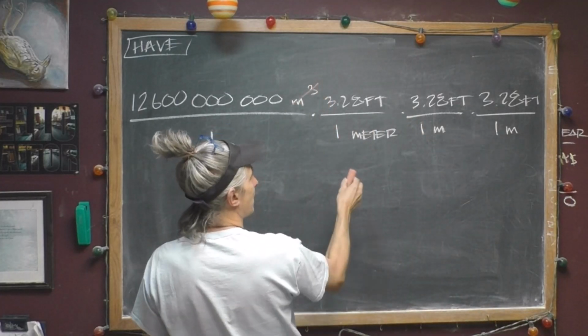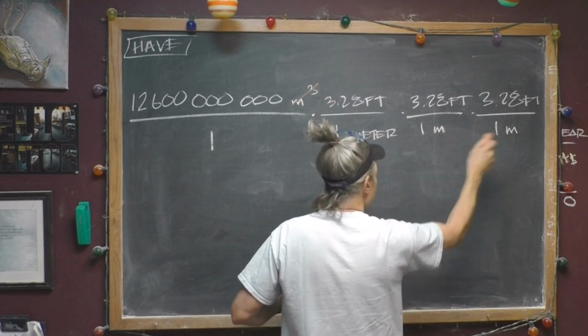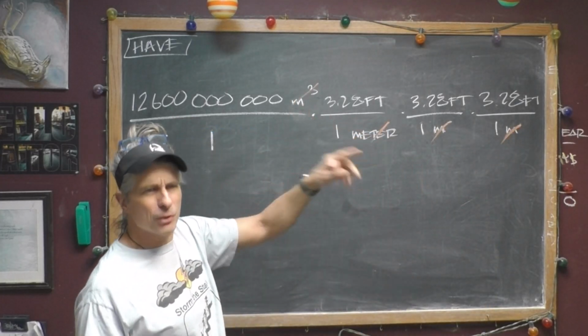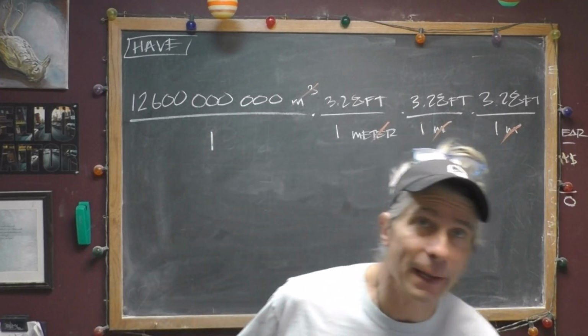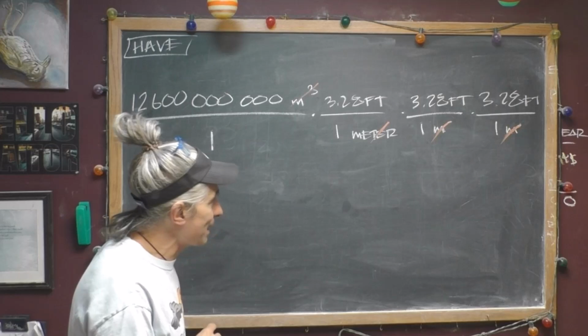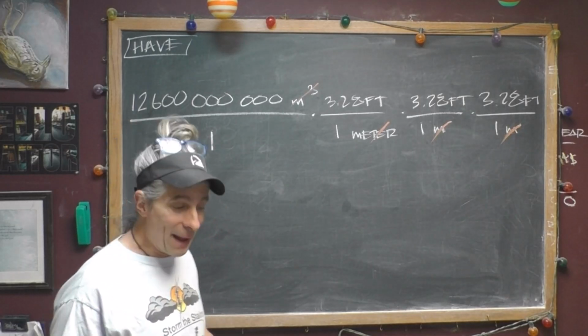Well, that means I've got to be able to cancel off meters times meters times meters. And then I'm left with cubic feet, which makes sense because it needs to be a volume. This is a 3-dimensional space. And now that I'm thinking about it, it's going to be a massive 3-dimensional space.